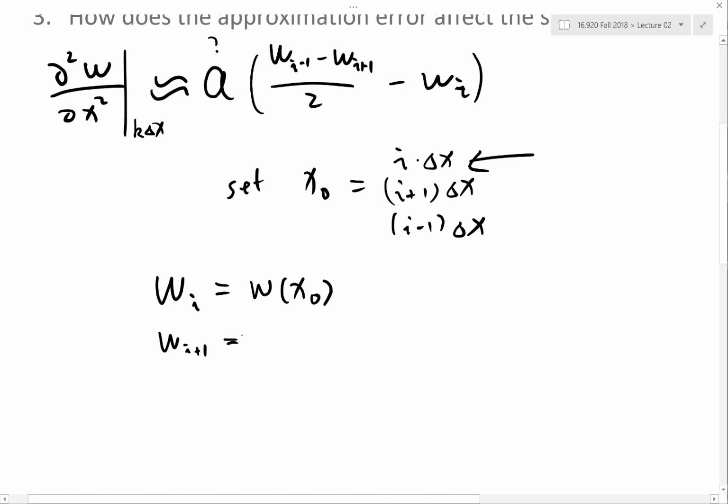Wi plus 1 is less trivial. It's equal to W at x0 plus delta x, one point to the right of x0.